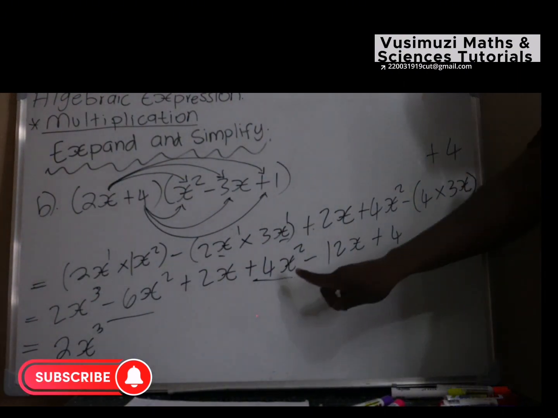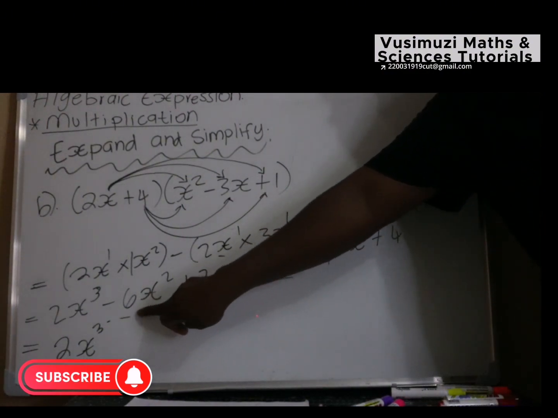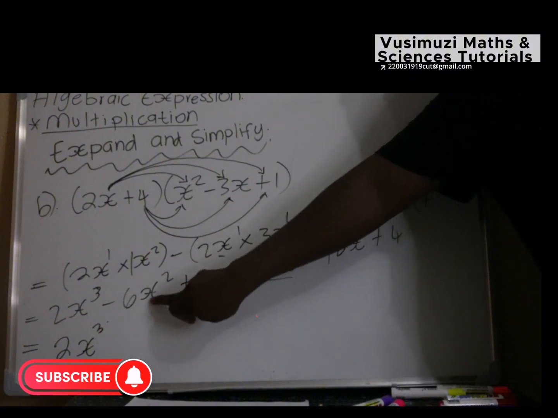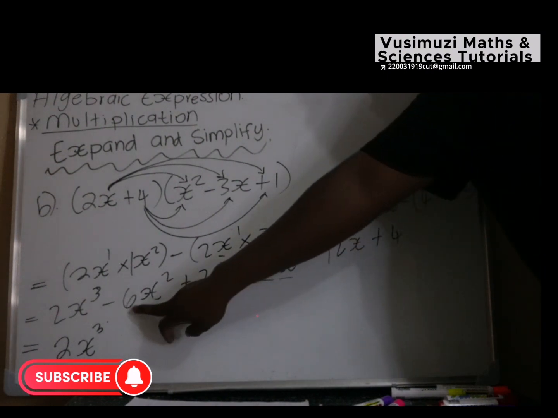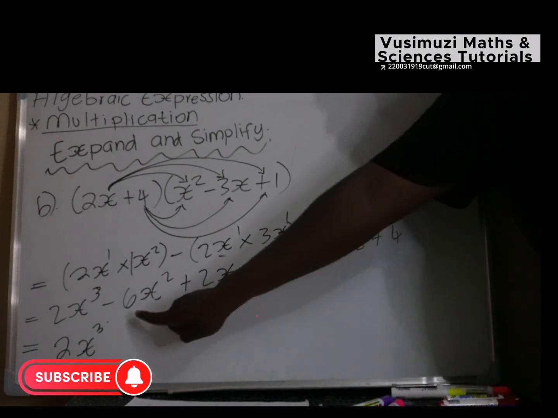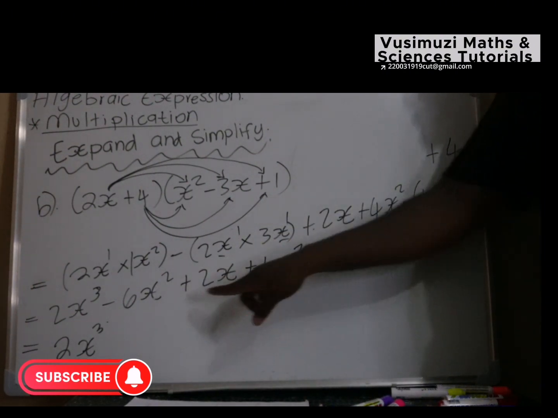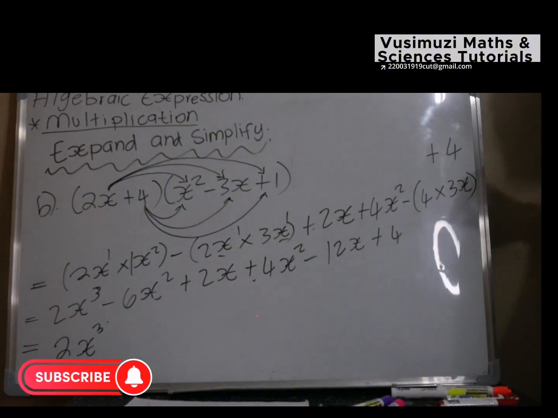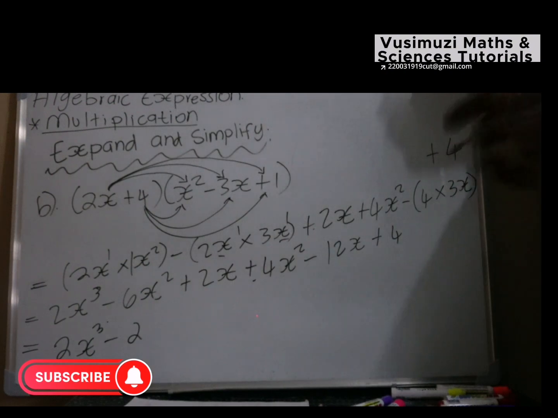If you've got like terms, negative 6x squared and positive 4x squared, you add the coefficients of x squared. Negative 6 plus 4 is minus 2. You bring down x squared.